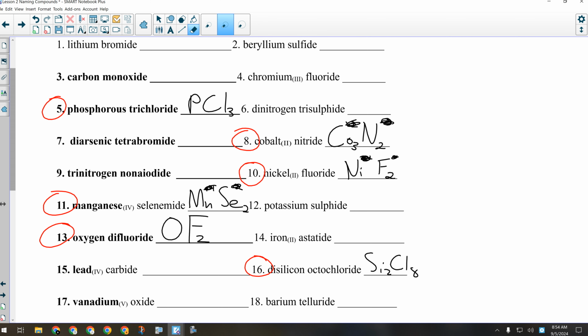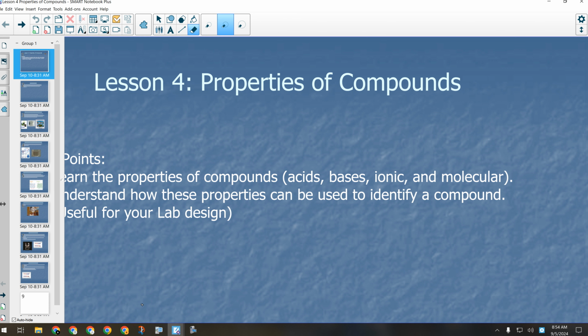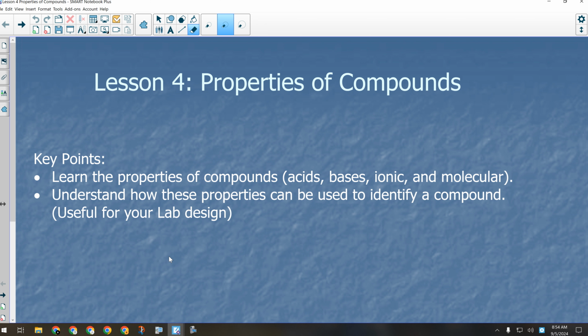Okay, then we're going to move into properties of compounds. If you have your notes package, it's lesson 4. If not, just follow along.